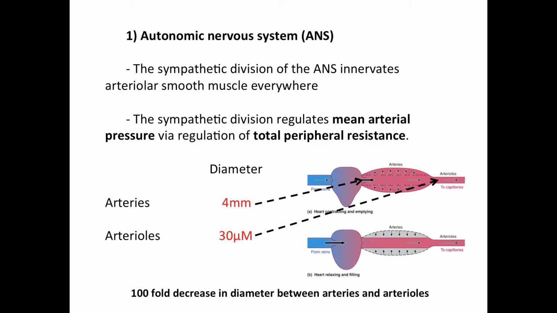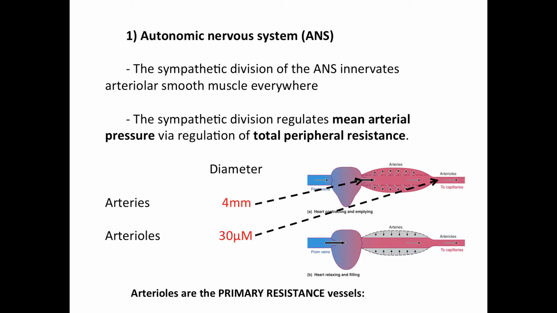So when we see this 100-fold decrease in diameter between arteries and arterioles, we ask the question, what effect does this have on flow? Well, remember, from Poiseuille's law, a reduction in diameter or radius is going to reduce the flow to the power of 4, or r to the 4th power.